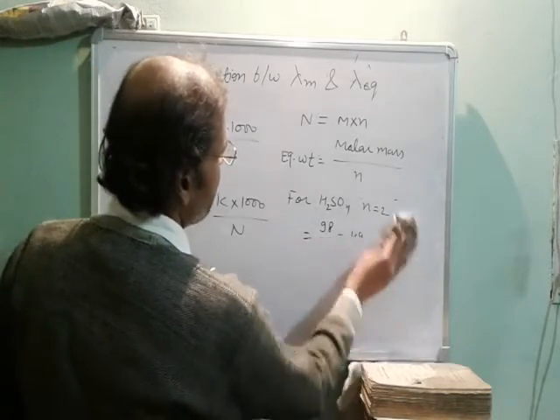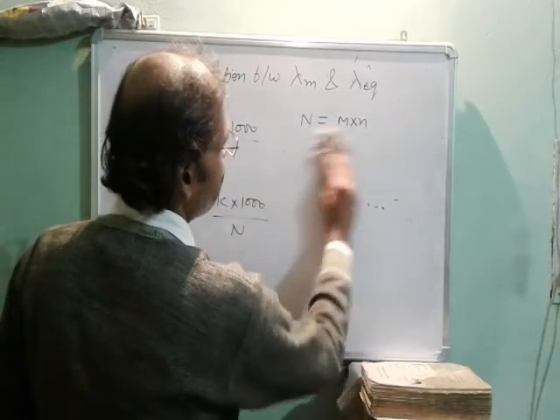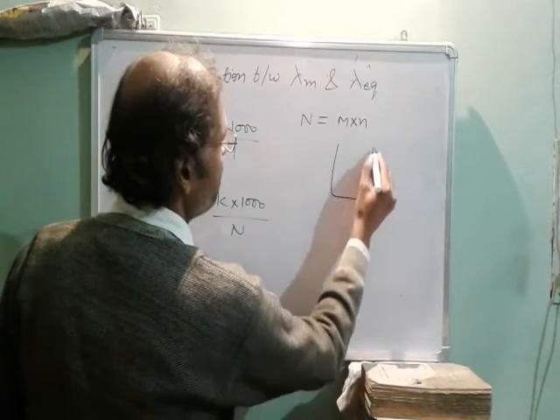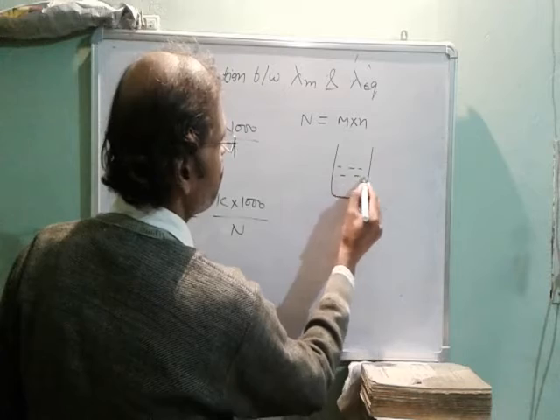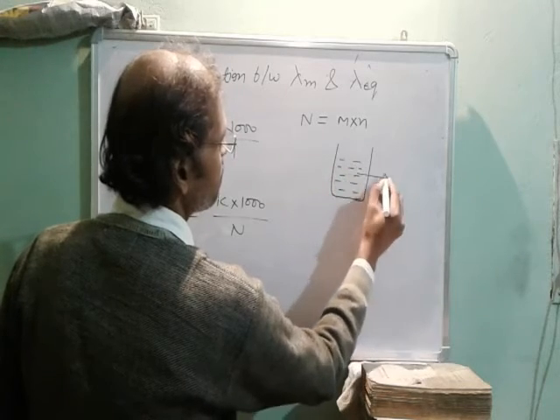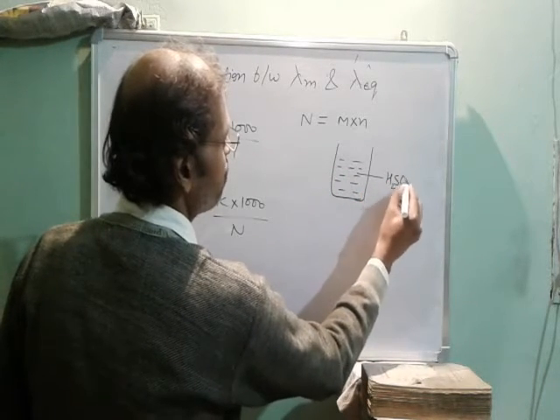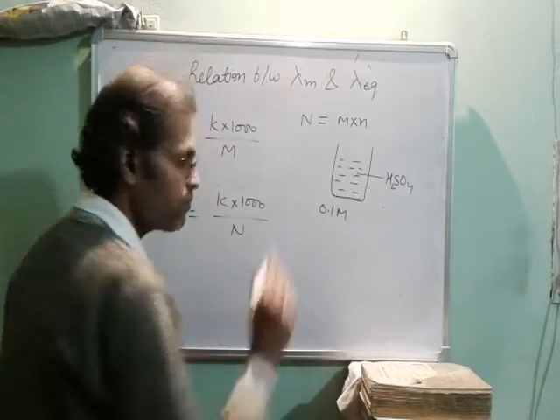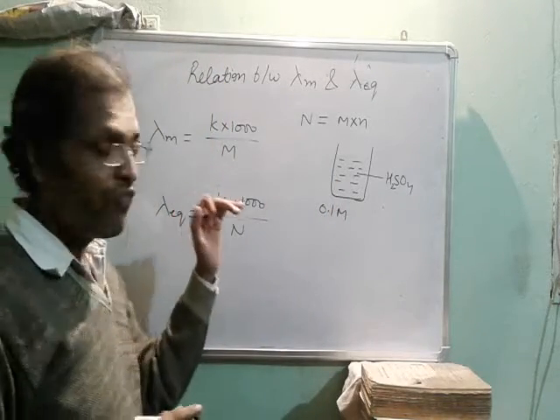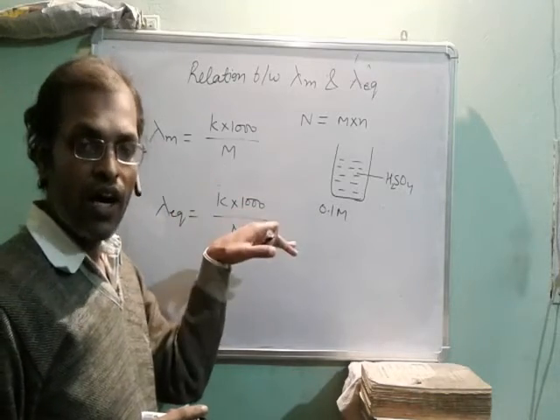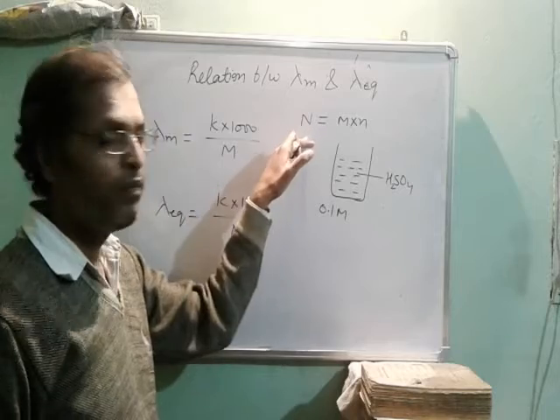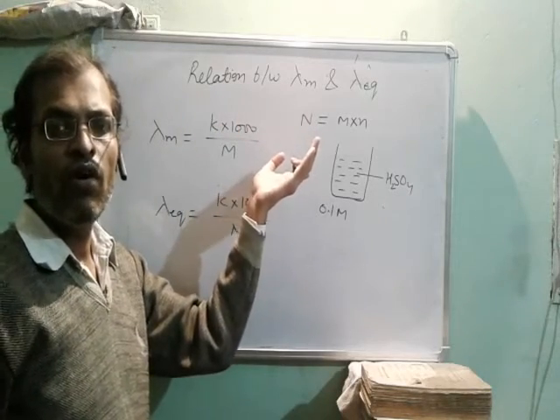Let's take the example of H2SO4. Suppose in this beaker H2SO4 solution is there. This is aqueous solution of H2SO4 and its molarity is 0.1 M. The equivalent weight is just half the molar mass, so the normality will be twice the value of molarity.